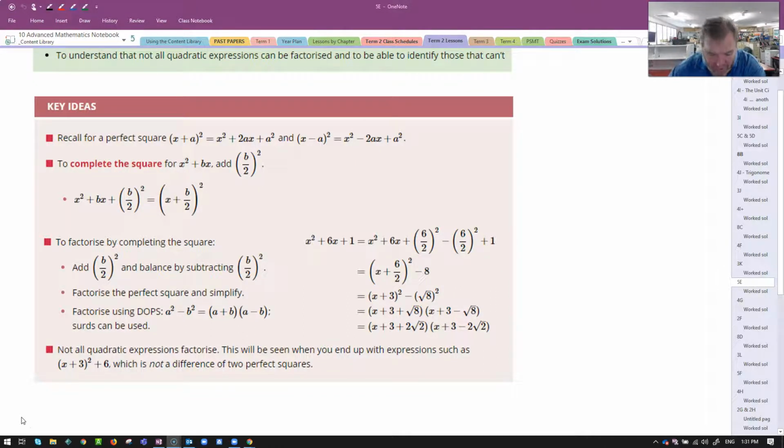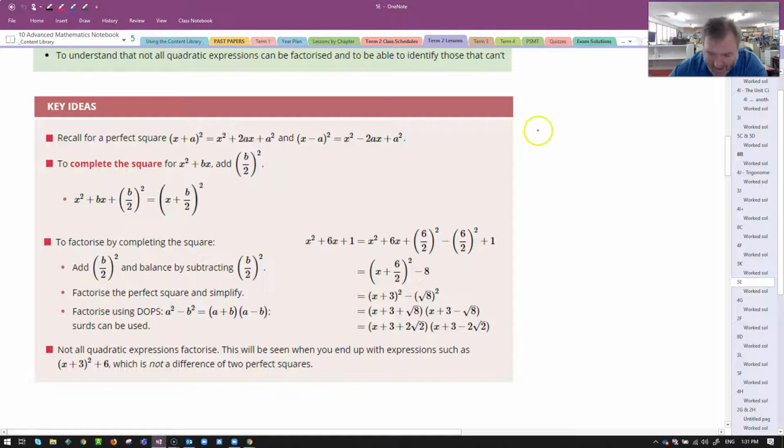The important thing before we start, we need to know the two forms of a perfect square. If I have a plus b, I would usually write it, but they've got x plus a all squared. That's okay. First term squared plus 2 times the first term times the second term plus the second term squared. We know that because where does the 2ax come from? Oh, that's right.